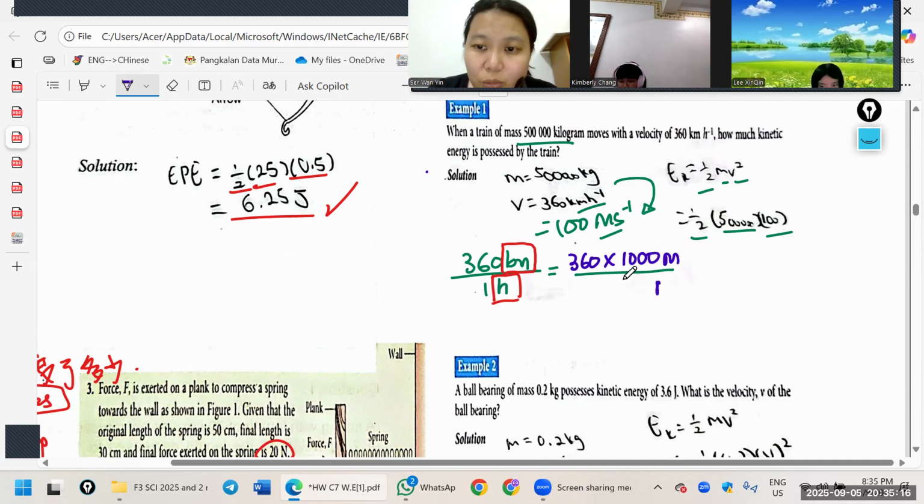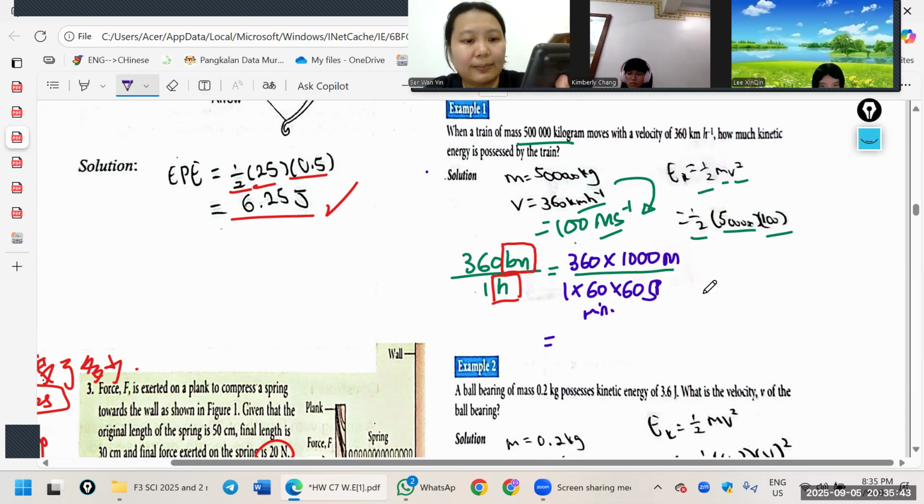So this one, hour to second, 1 times 60, change to minute, and then 1 minute 60 seconds. Now you press this, also the same thing. So you will get 3,600 times 1,000 divided by 60 divided by 60. Okay, you will get 100. Same thing.